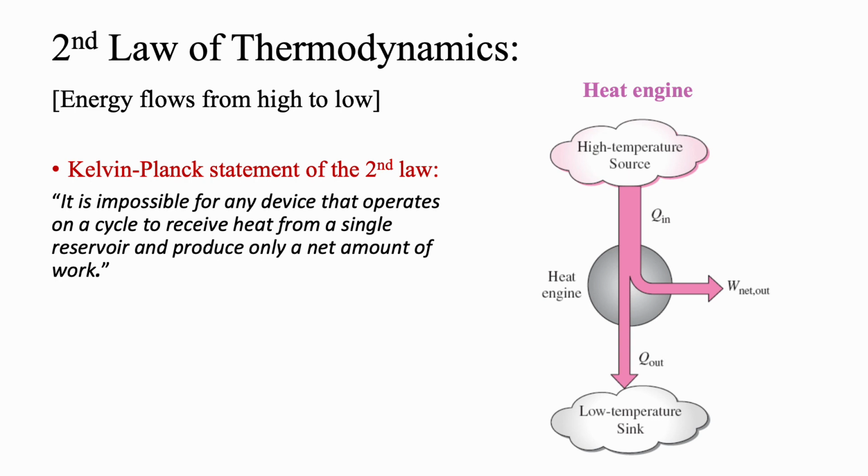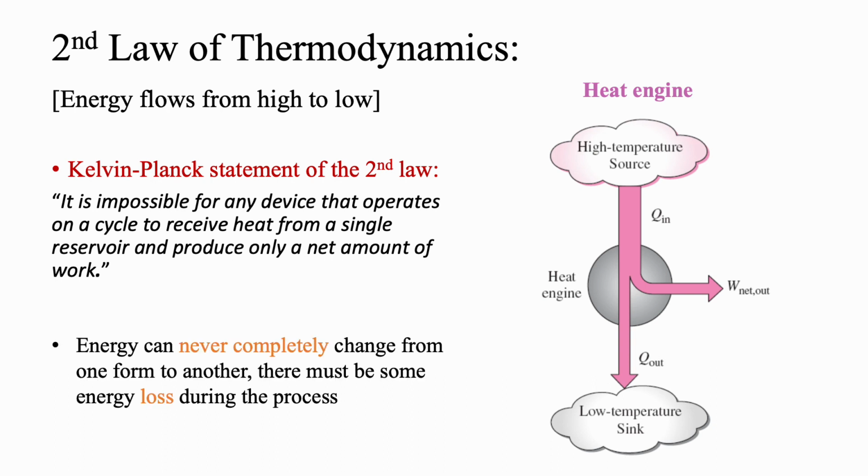It says that it is impossible for any device that operates on a cycle to receive heat from a single reservoir and produce only a net amount of work, which means that energy can never change form without losing some of its quality. Let's consider this example. In order for a car engine to operate and produce work, there must be a high source of energy provided to the system, which in this case is the fuel in the combustion chamber, denoted as Q in.